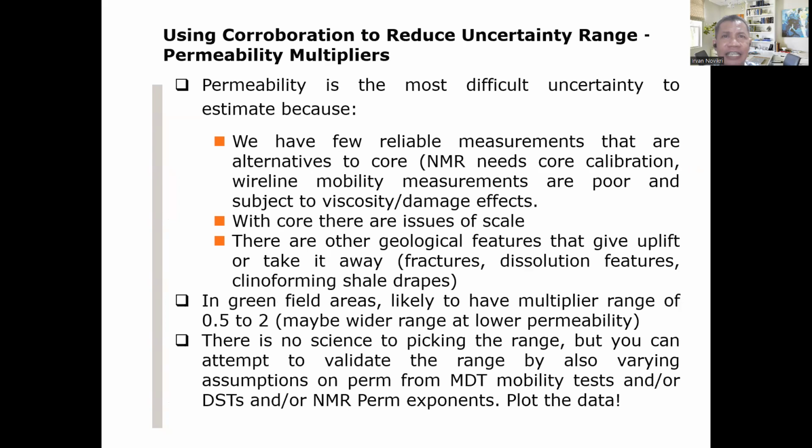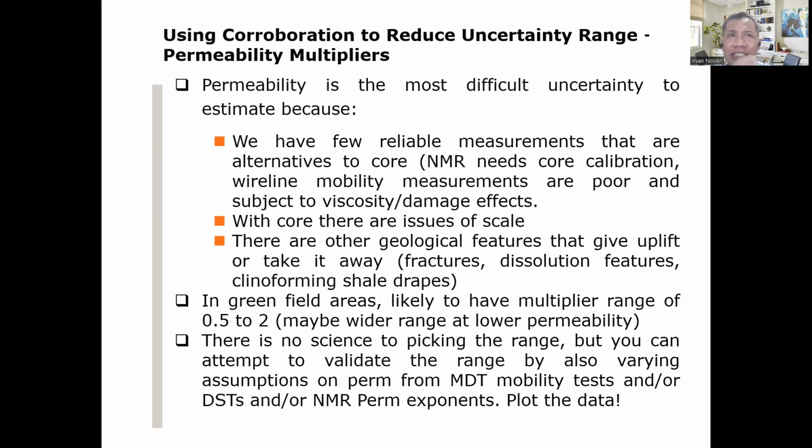So the challenge is in estimating permeability, which is a measure of how easily fluid flows through rock. Permeability estimation is difficult due to limited reliable measurements, and the issue is related to the scale and other geological features.